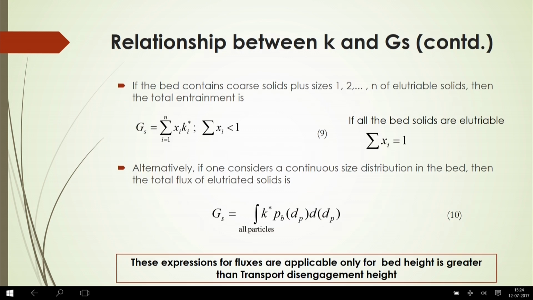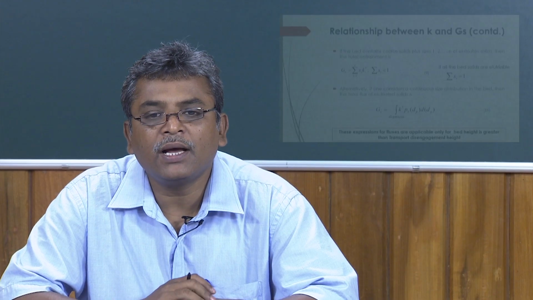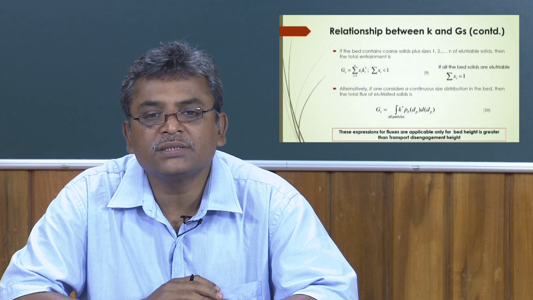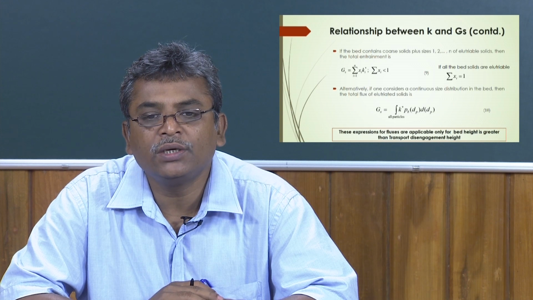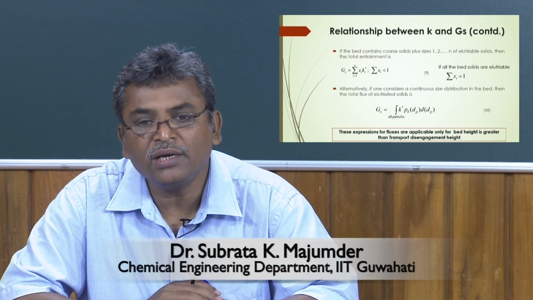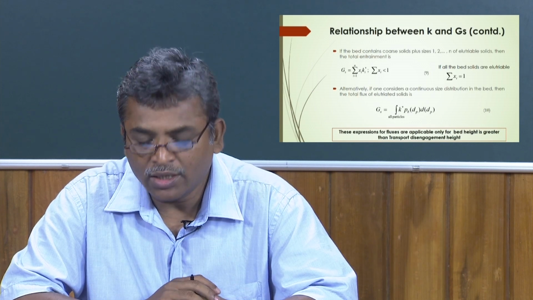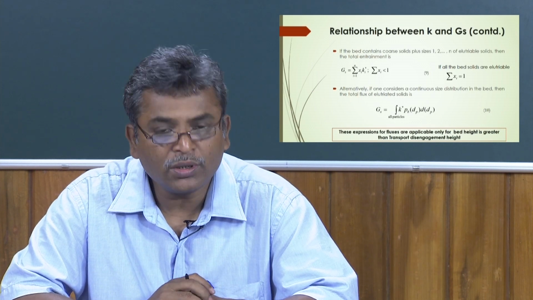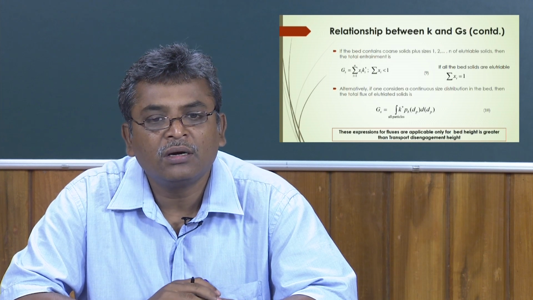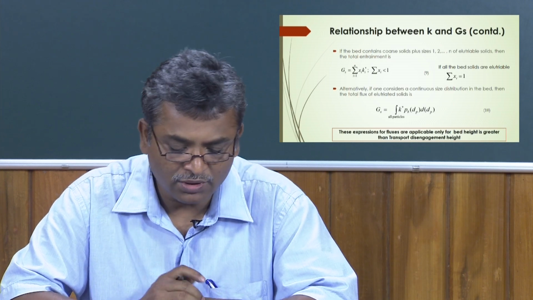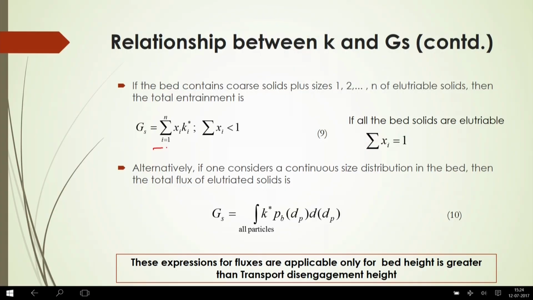Now, if the bed contains coarse solids plus sizes like 1, 2, 3 up to n, that means n different sizes of solids which are elutriable, then the total entrainment will be equal to G_s, the summation of i equal to 1 to n of x_i into k_i star.